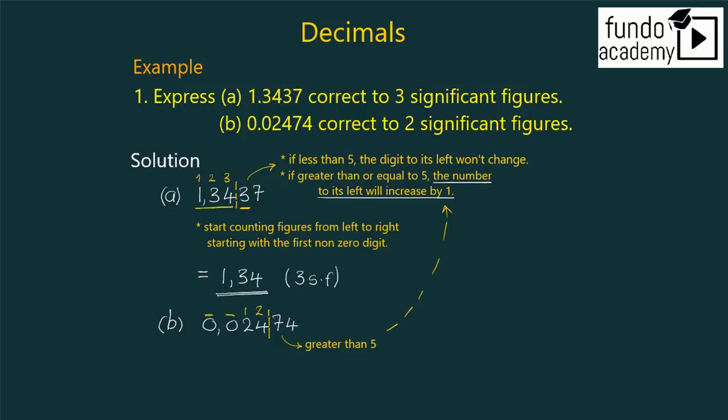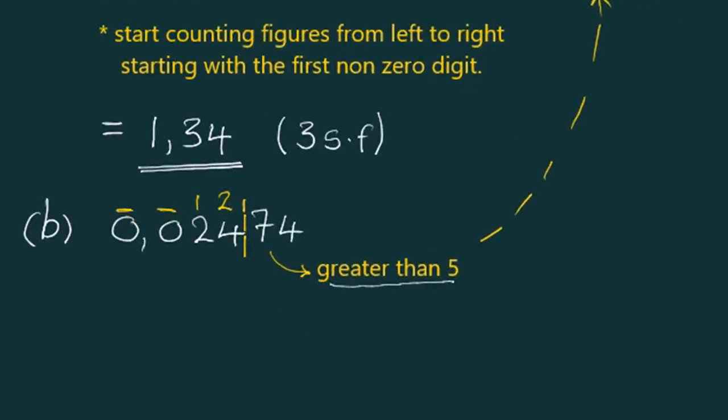If the number just after our second significant figure is 5 or greater, then the number to its left will increase by 1. That means 4 will increase by 1 to become 5. So eventually we'll have our solution as 0.025 to 2 significant figures. Right?